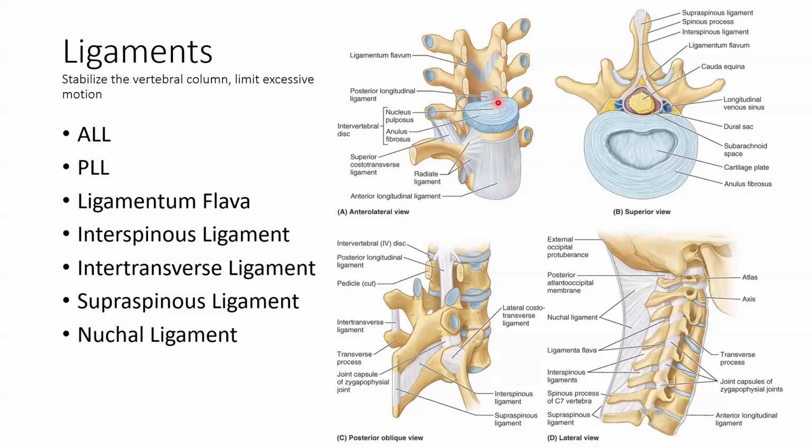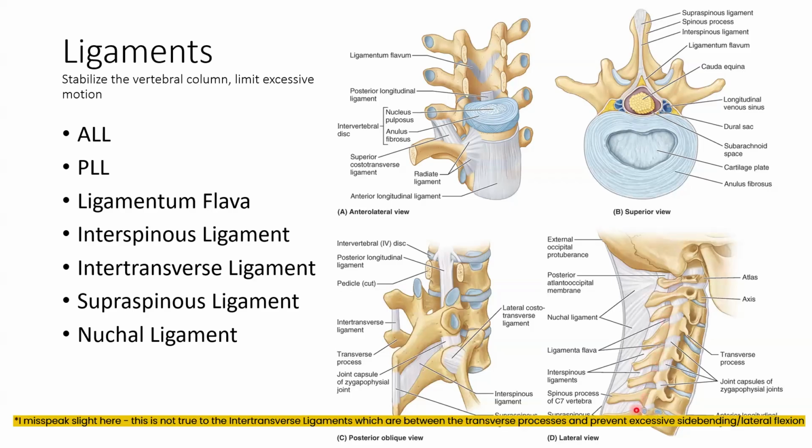Next, we have ligamentum flavum. Ligamentum flavum is right here. Flava means yellow in Latin, and so sometimes in the cadaver, it has a yellowish color. The ligamentum flavum, or flava, is between adjacent lamina.